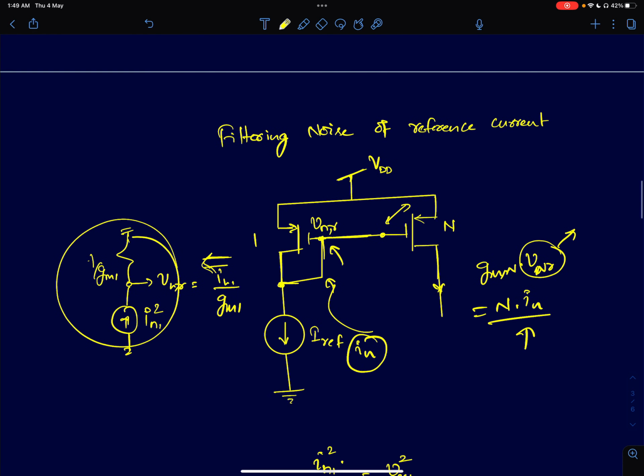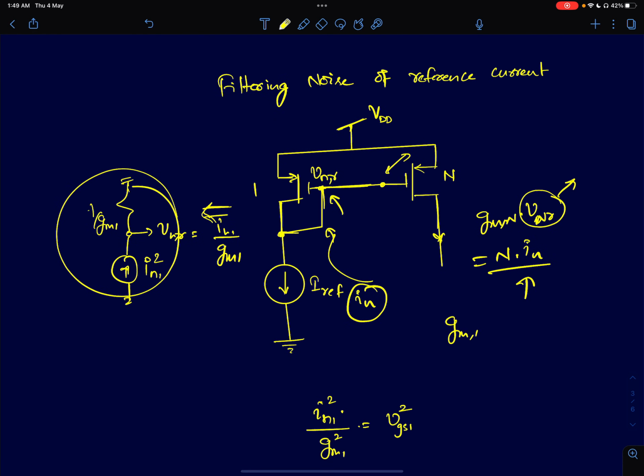So what I'll get here at the output is simply GMN times VNR, which is IN1 by GM1 times GMN, and GMN by GM1 is N, right? So the VGS is the same, only dimensions are different. So the ratio of the transconductance will simply be equal to the ratio of the device sizes. So it will be simply equal to N. GMN by GM1 will be N times IN1. So this is where the noise multiplication is happening.